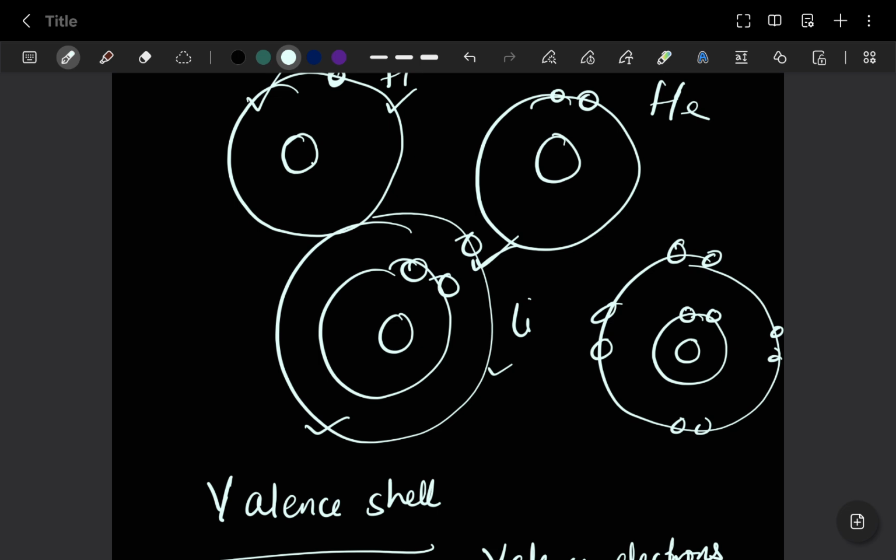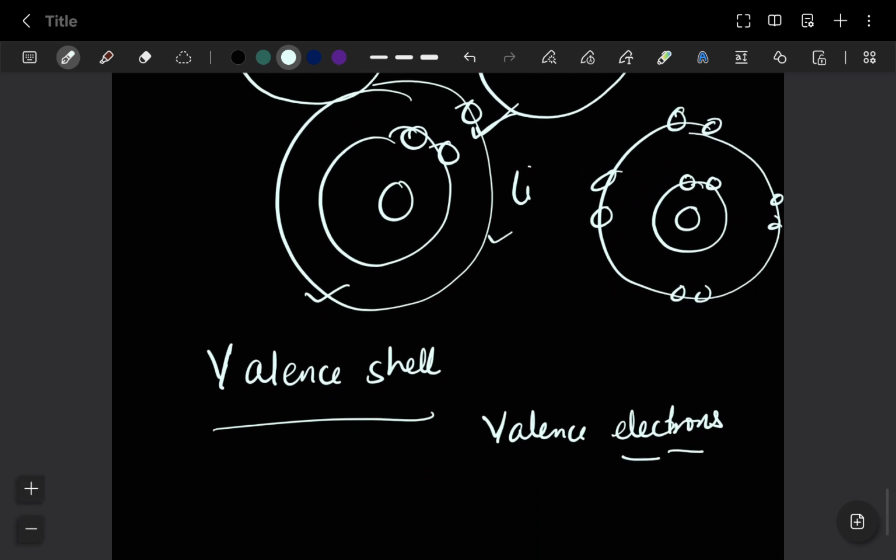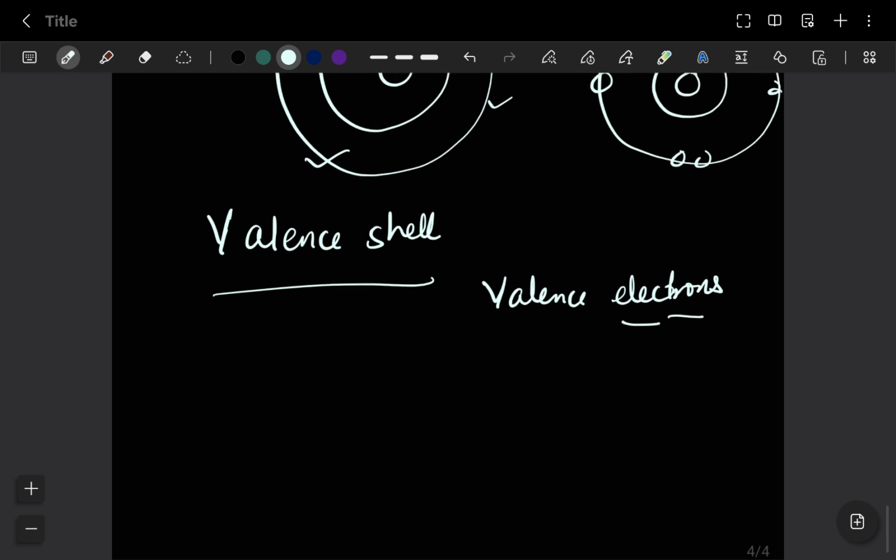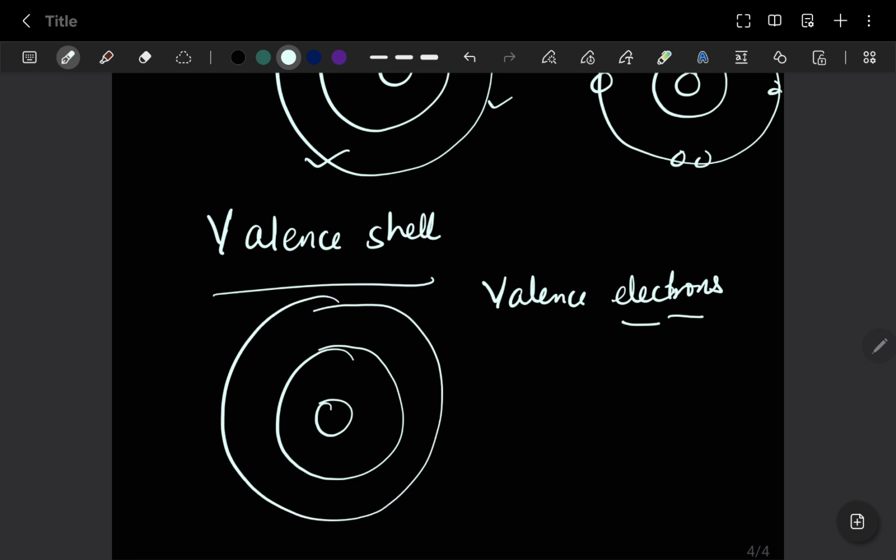Okay, and the atoms which have the same number of valence electrons behave similarly. Clear? If I say chlorine, so chlorine and fluorine both have 7 valence electrons. If I say this is the atom of fluorine, this is the first shell, this is the second shell, and in the second shell there will be 7 electrons. This is fluorine.